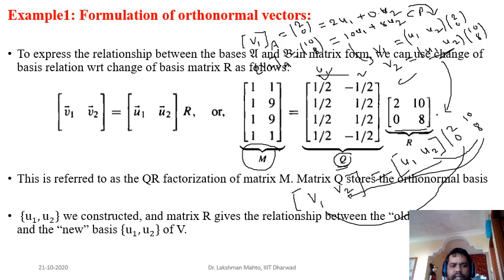I had already discussed that if you multiply an orthogonal matrix with any vector, what will happen? The magnitude will not change; the length of the vector will remain fixed. So if you find the length of Q times x, it would be the same. The length is invariant.